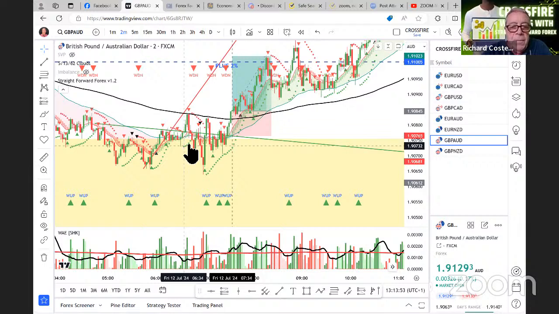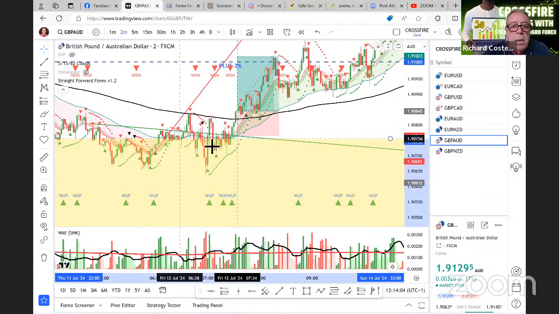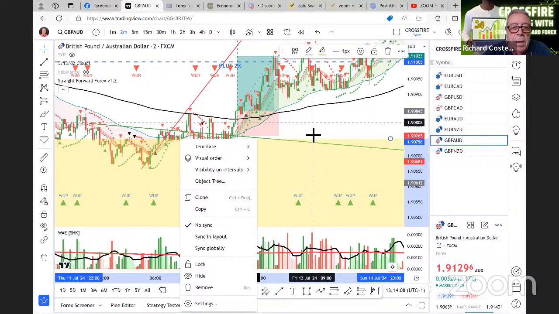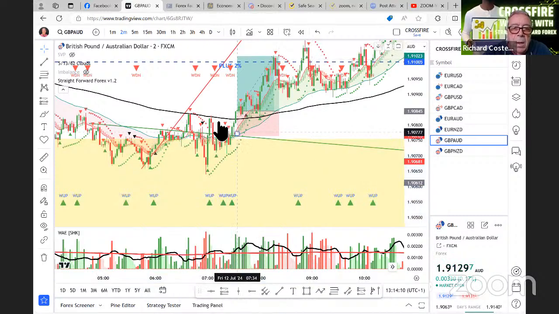So my first opportunity came round about here on this candle at 7:34, and that is because price not only went above the green trend line, admittedly it was still below the red trend line, but there was a big gap between the green and the red, so that was okay.